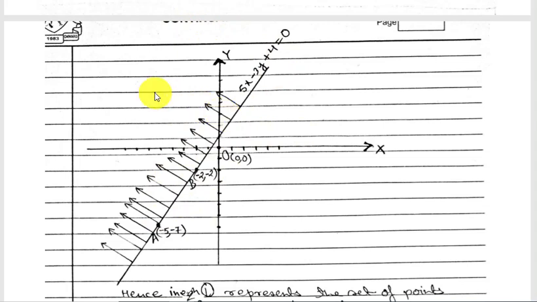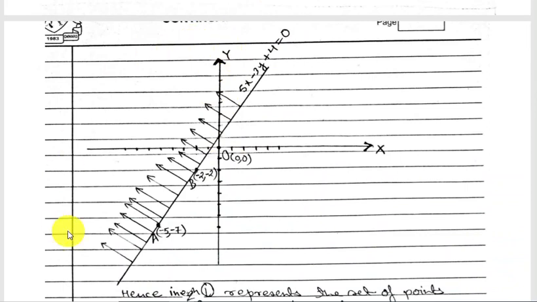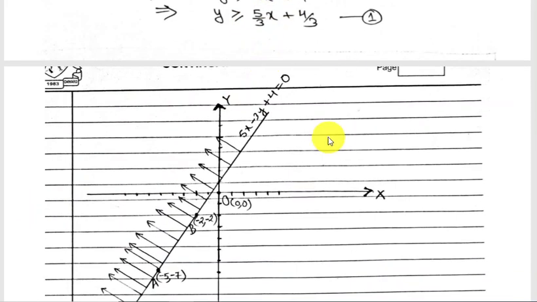Let's say this is the first part, this is the second part. So what will happen, either the points from this region will satisfy this, or the points from this region will satisfy this. Now how to find which region will satisfy this inequation?